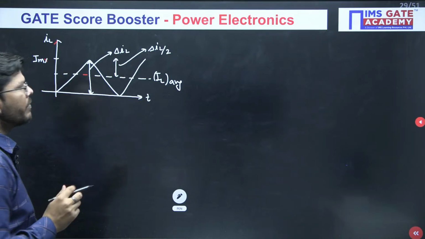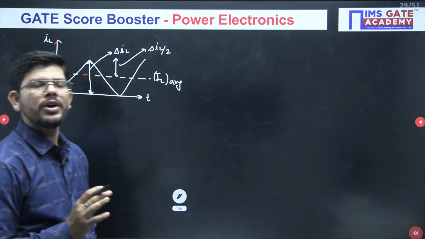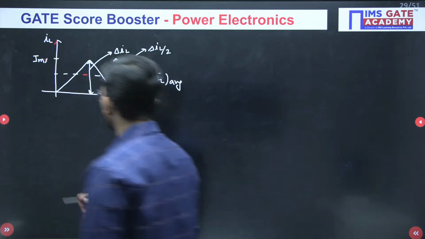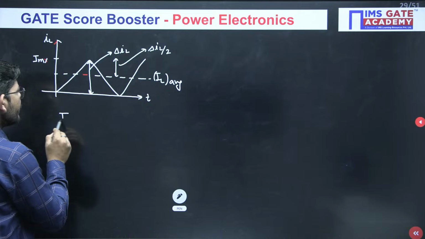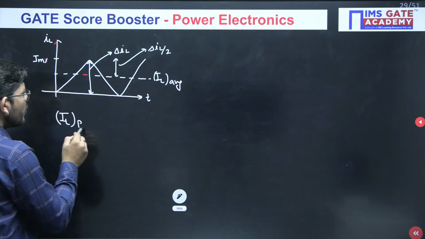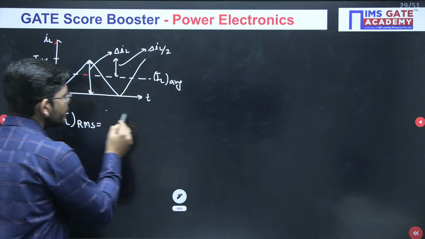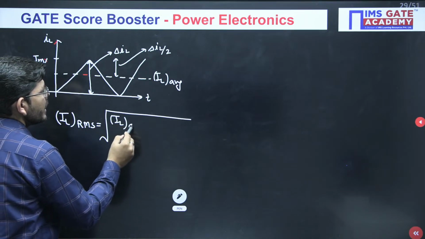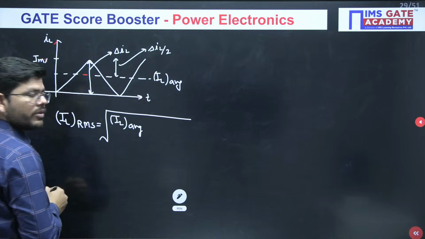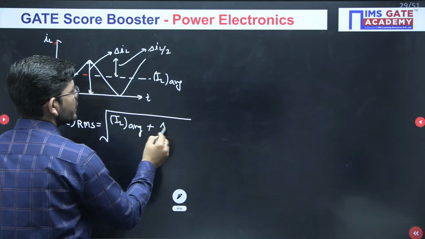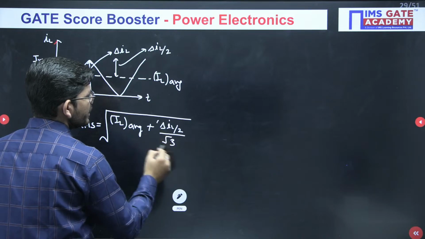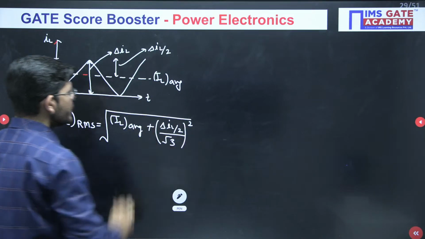Now can you tell me what differences there will be if you want to calculate IL RMS? The formula still remains the same. IL RMS will be equal to the square root of IL average squared plus (delta IL by 2) squared divided by 3.